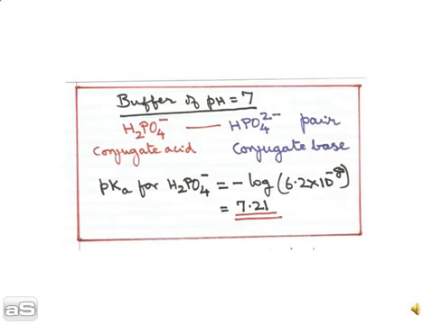Now the pKa value for H2PO4 minus is equal to minus log of the dissociation constant, and that value is 6.2 into 10 to the power minus 8. So the pKa value for H2PO4 minus is coming out as 7.21. So 7.21 is very close to 7. So by adjusting the concentration of the acid and the base, we should be able to get the exact buffer of pH 7.